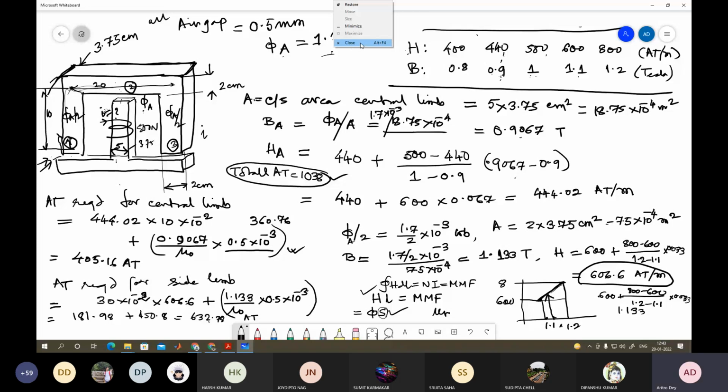So there are again a few more problems. I don't know what you want. Shall I explain in the next class, or directly share the solution? If you want me to explain, I can explain two more problems in the next class, or I'll just solve and share with you. Which one do you prefer?